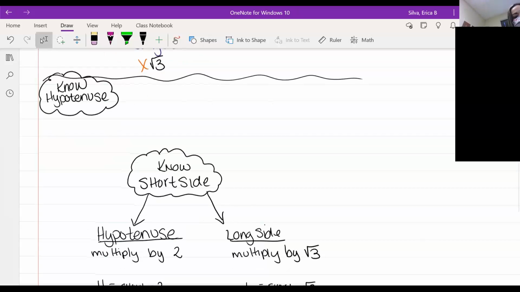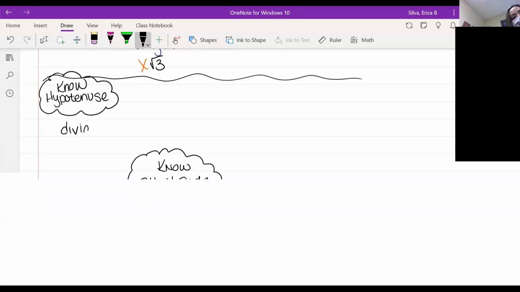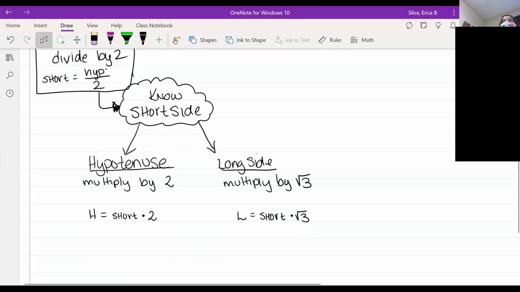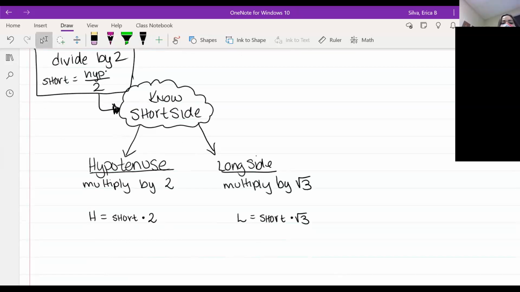Yeah, we're going to divide by 2, which means my short side is equal to the hypotenuse divided by 2. And once we have the short side, then we can do either the hypotenuse or the long side by doing the other two operations.